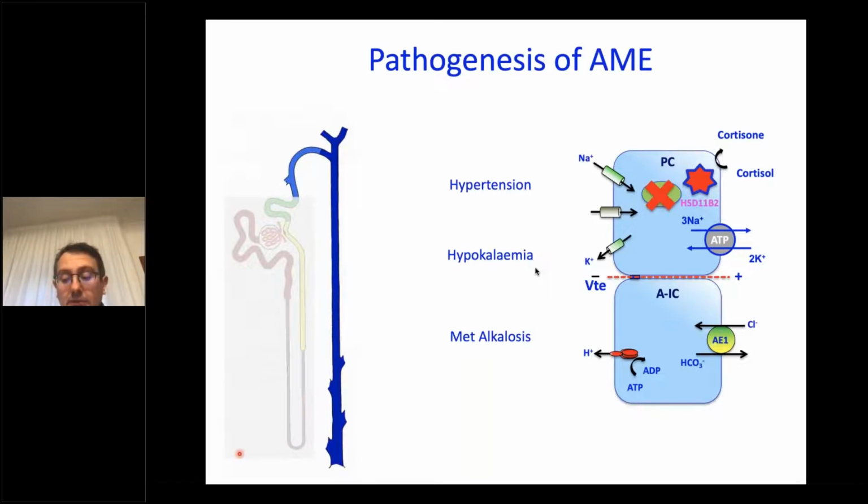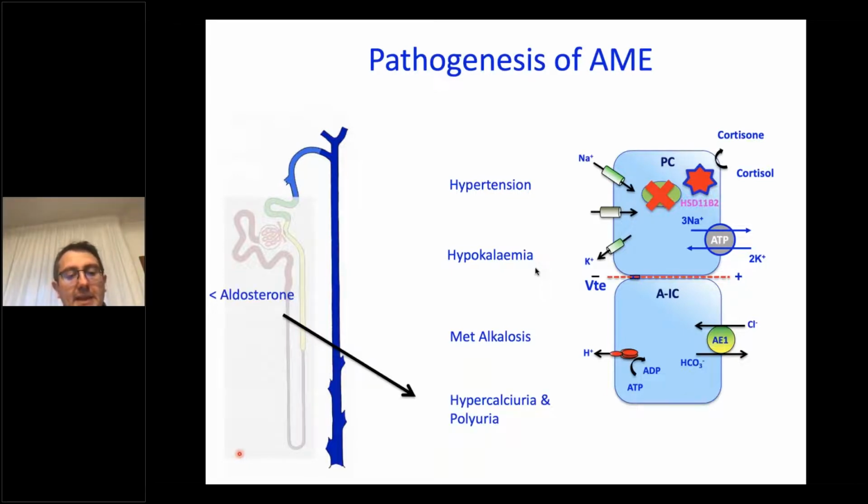And you can see that since the genetic defect is upstream of the mineralocorticoid receptor, in this condition, applying mineralocorticoid antagonists such as spironolactone or eplerenone will be a very nice therapeutic intervention, preventing hypertension, hypokalemia, and metabolic alkalosis that otherwise are sustained by ENaC hyperactivity.